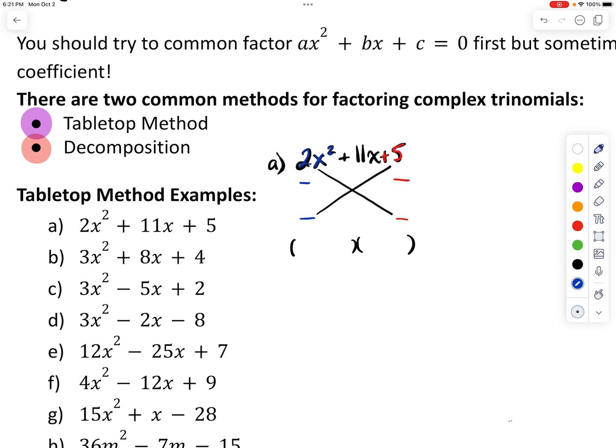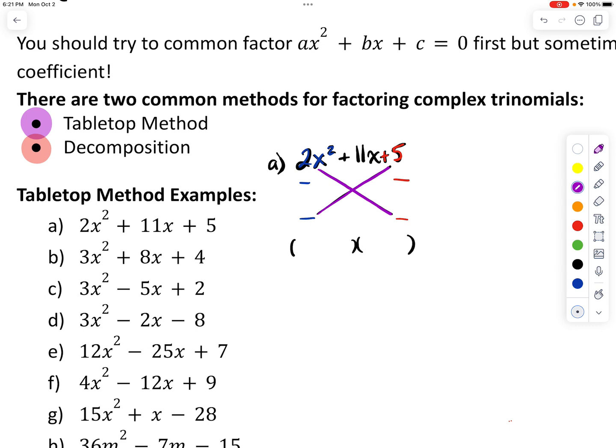Color code this. And how I know I'm right is if I cross multiply. So I take that top blue number and multiply it with the bottom red number, and then cross multiply, right? So the bottom blue and the red.